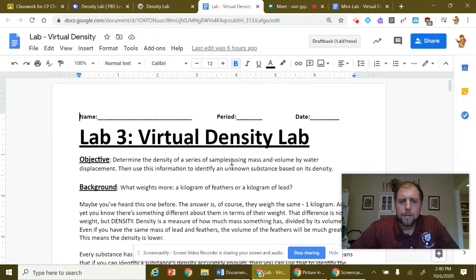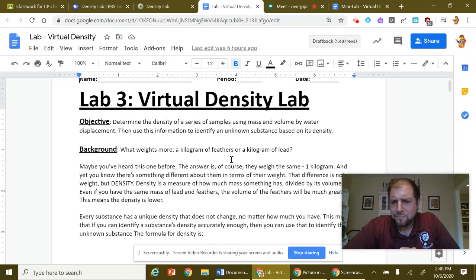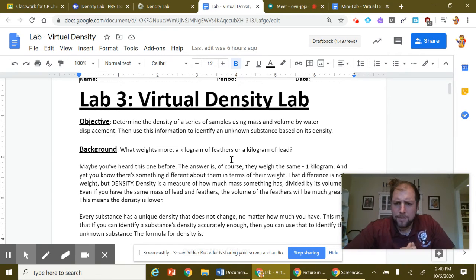Now here is the objective of this lab. There is an unknown substance that you have to identify based on its density. The only way you'll be able to identify it is if you can match its density against the density of another known substance.